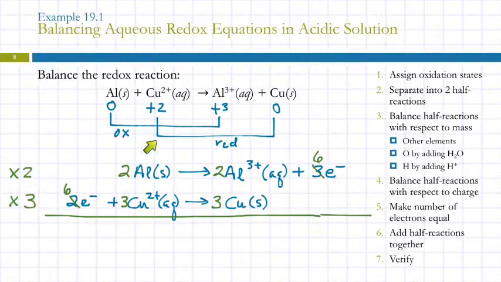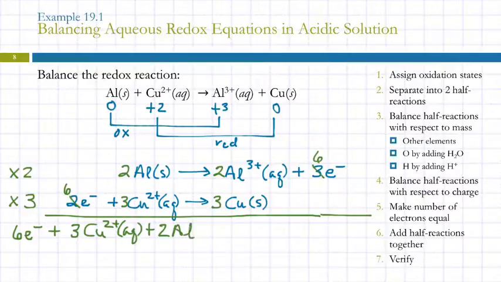So these are all the reactants, and these are all the products. I'm putting them back together again. So I've got 6 electrons plus 3 copper 2 ions plus 2 aluminum atoms.